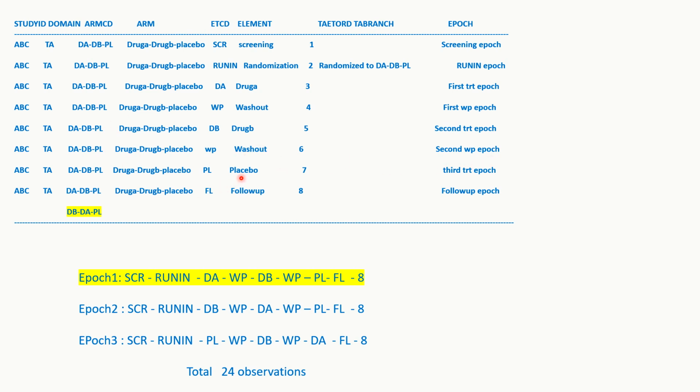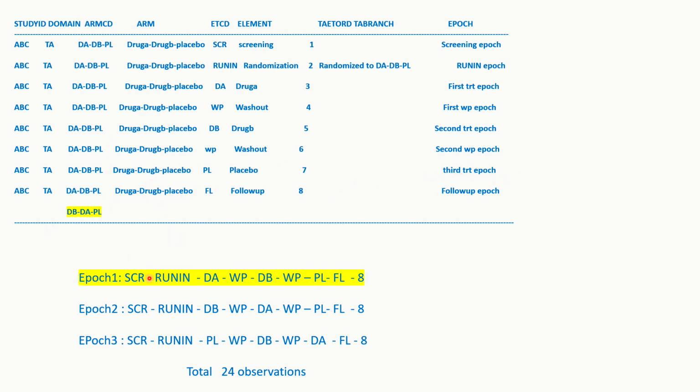Then third, placebo. First drug over, then second drug over, next placebo. Since it is a crossover study, we give multiple treatments to a single subject. So placebo will be given once the second treatment washout period is over. Then the third treatment epoch, and finally follow-up.